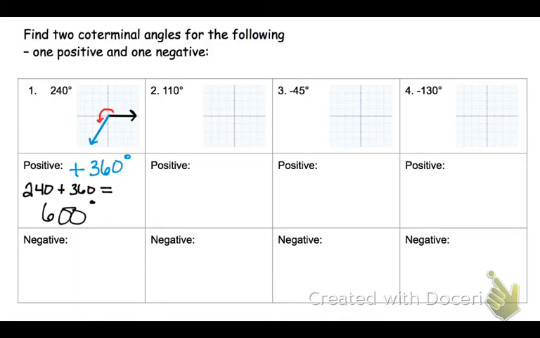To get a negative angle measure, I would subtract 360 because I want to go the opposite direction. So 240 minus 360 will be negative 120 degrees.